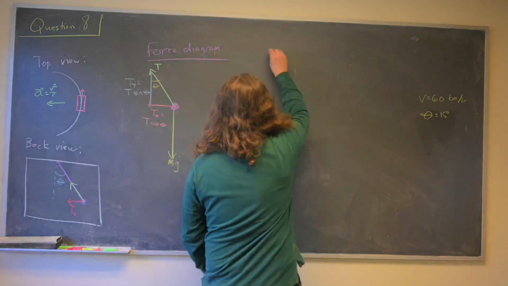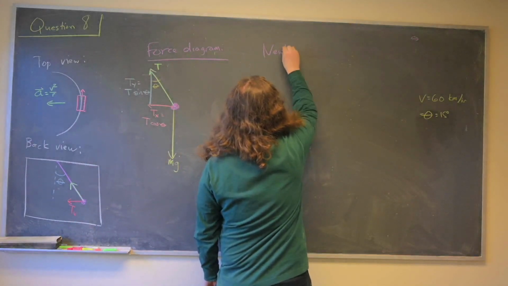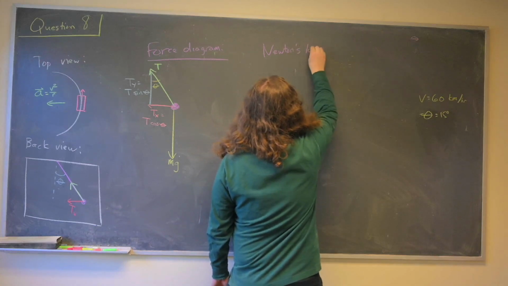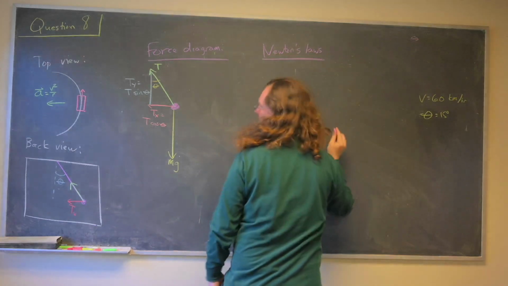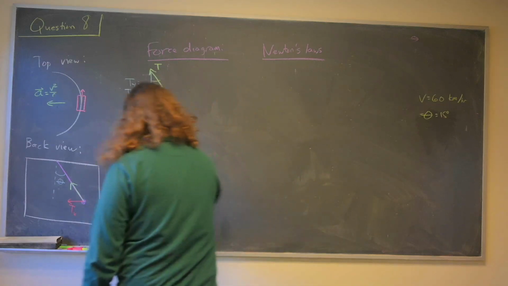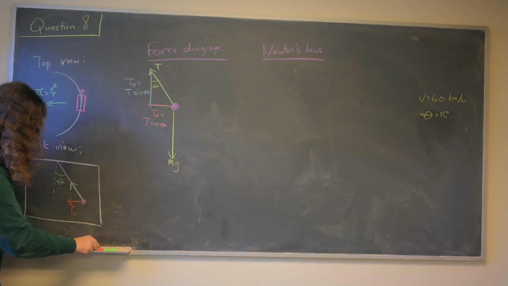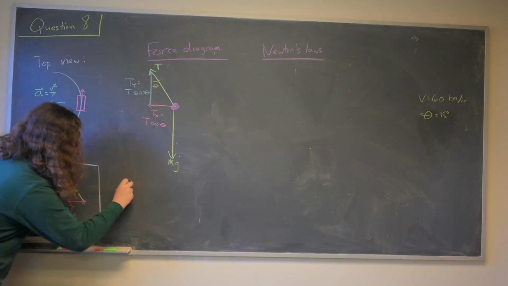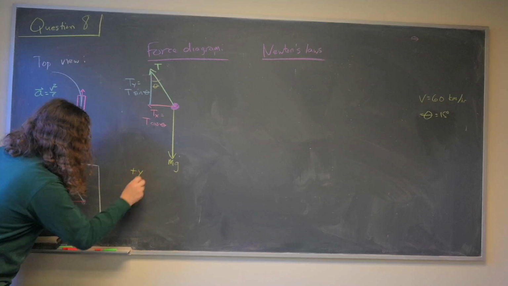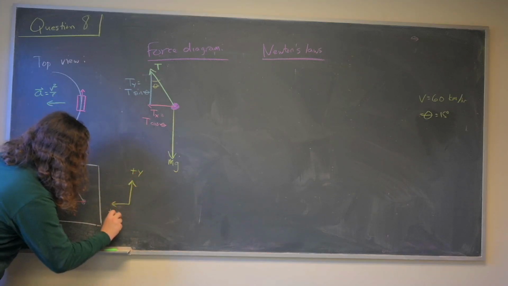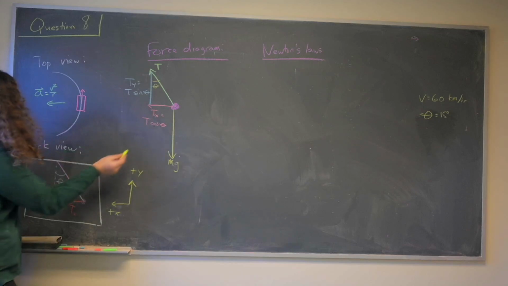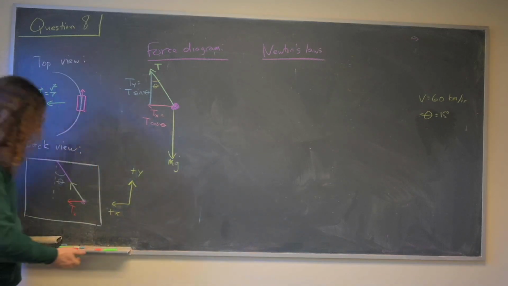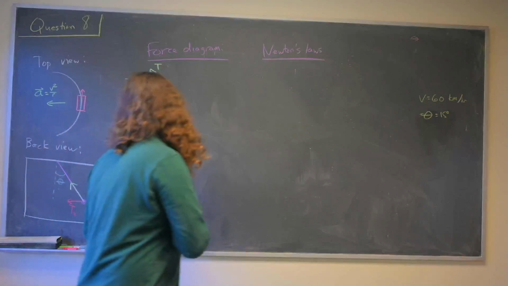So now let's write Newton's laws. I'm going to choose a coordinate system so that this way is positive y, and this way is positive x. That's the direction the forces go, that's the direction the acceleration goes, and that keeps everything nice and positive.